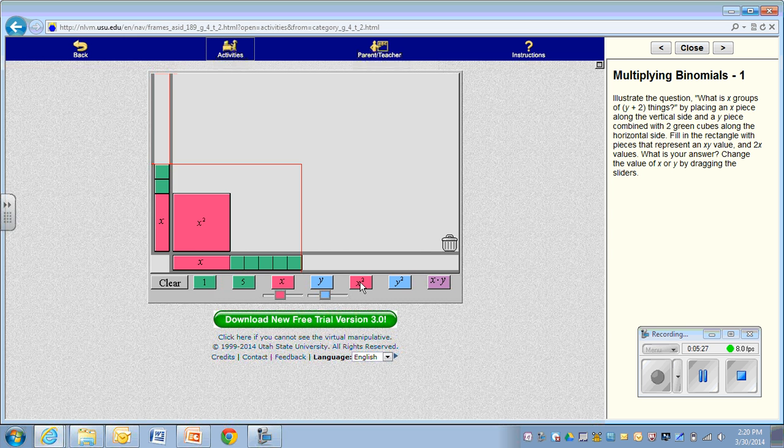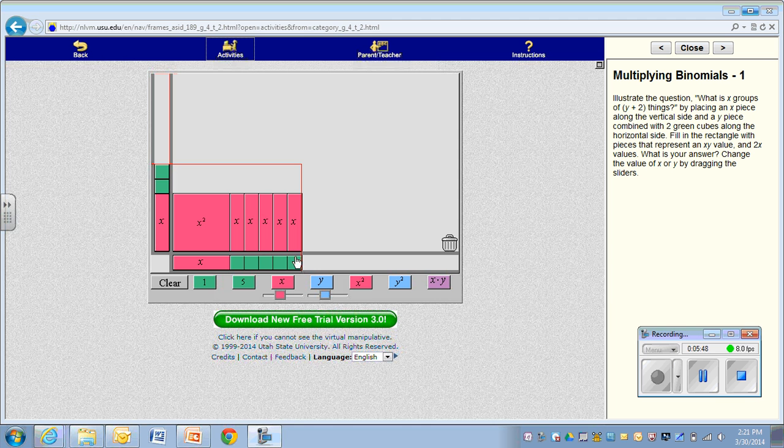Now you could try to put in another x squared there, but it might not fit properly. So what are we really doing? Well, we're doing 5 times x. That means I need 5 x's. So I need 5 of these, but turned vertically.